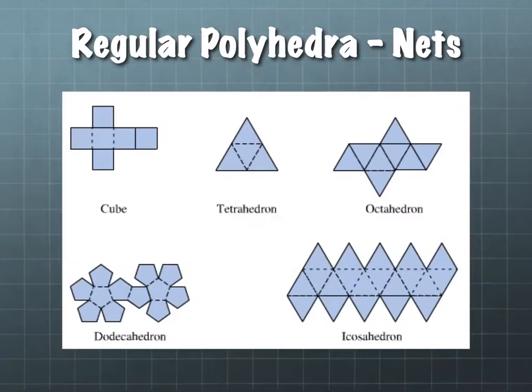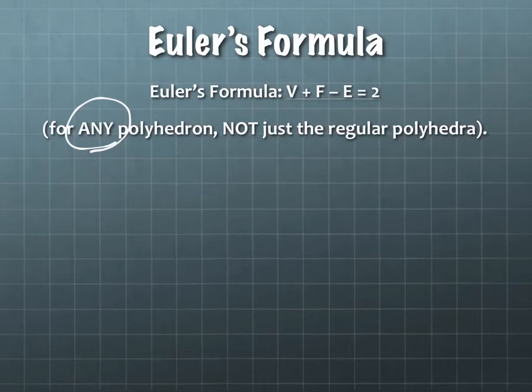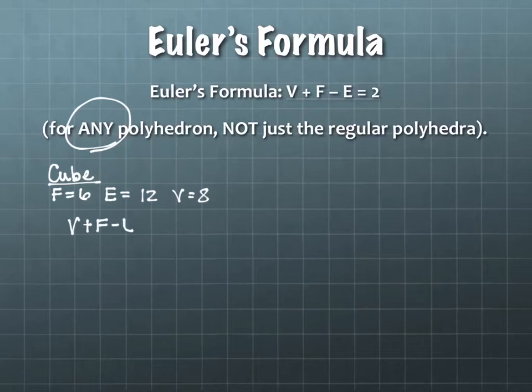Now yours is on your same piece of paper. I need to flip across my slide. So if I'm doing my cube, what were my numbers again? Let's see, my faces was 6, my edges was 12, and my vertices was 8. All right. And what this says that I should be able to do is vertices plus faces minus edges.